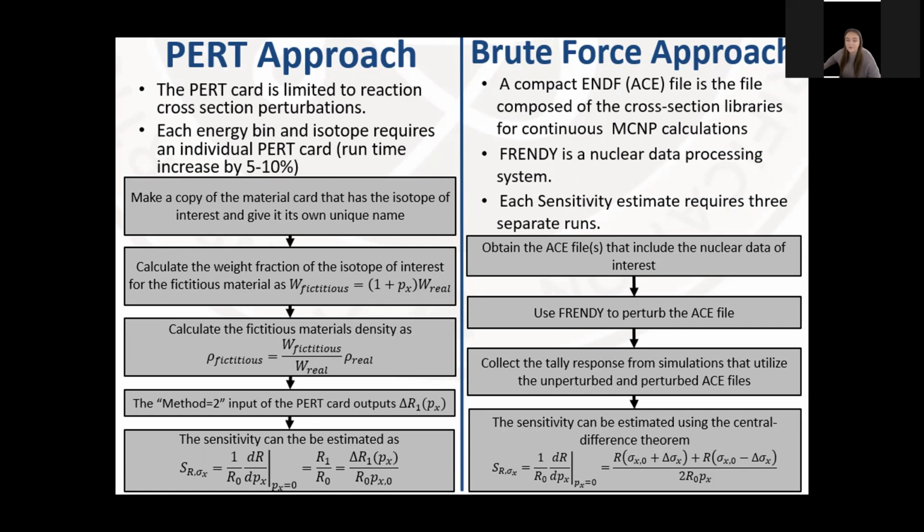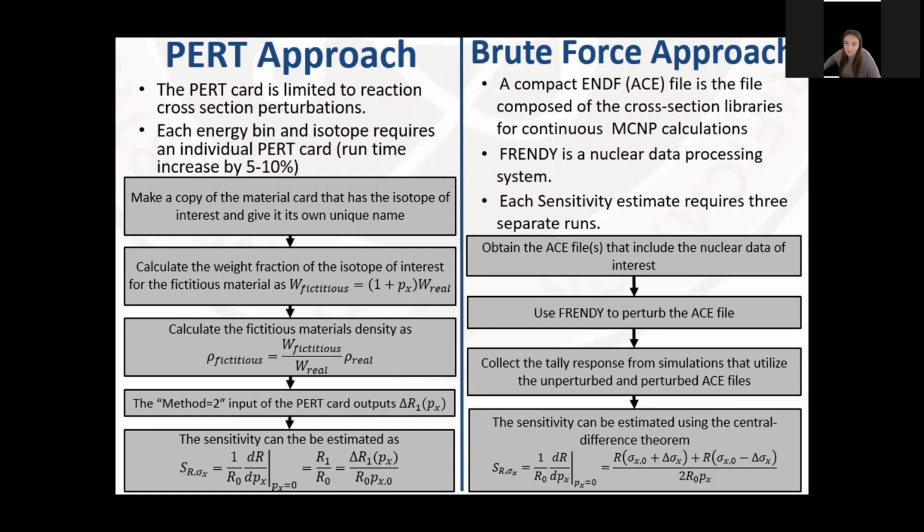and that can be used to calculate the sensitivity along with the unperturbed response. For the brute force approach, or the ground truth approach, where I am perturbing things manually, I obtain a compact ENDF file, which is just where all the cross-section libraries are, and I perturb it using this code called FRENDY, which is a nuclear data processing system. I collect the tally response from each file, and for each sensitivity estimate, you require 3 runs.